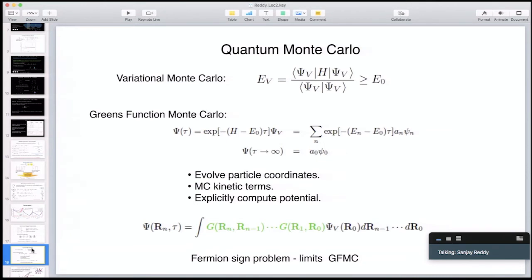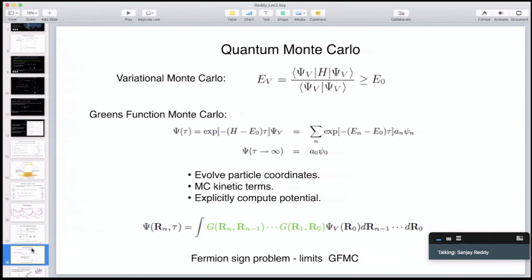Now, we would like to do better than that. You can start with a wave function that comes from this variational Monte Carlo method, and then find a systematic way to improve it. That can be done using a method called Green's function Monte Carlo. You take a variational wave function and act on it with an operator e to the minus (H0 minus E0) tau.